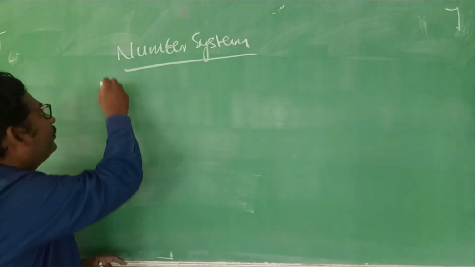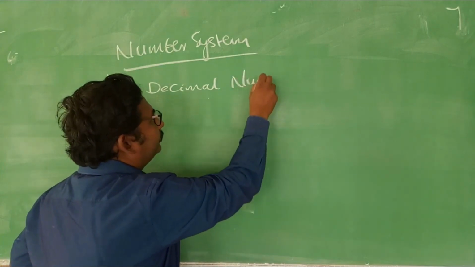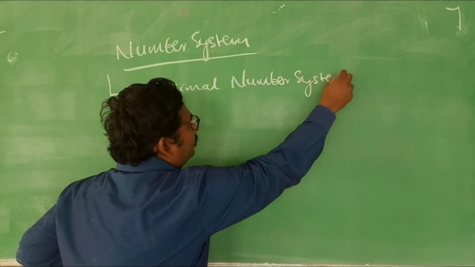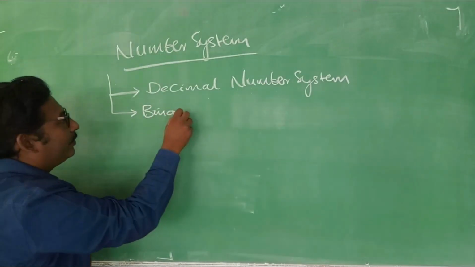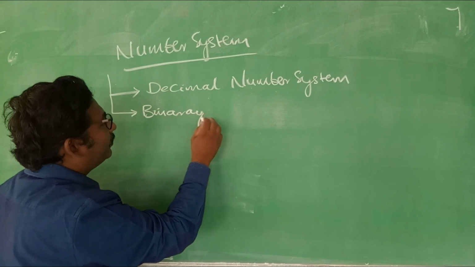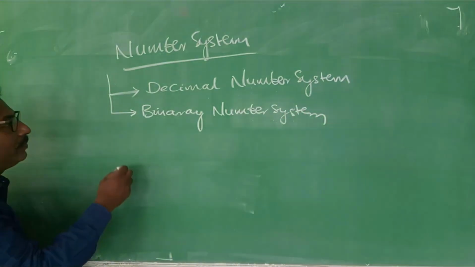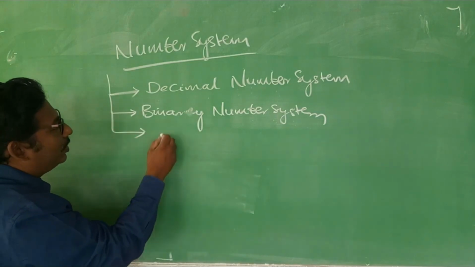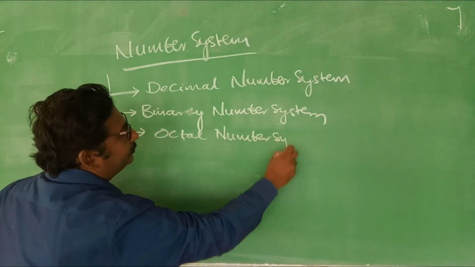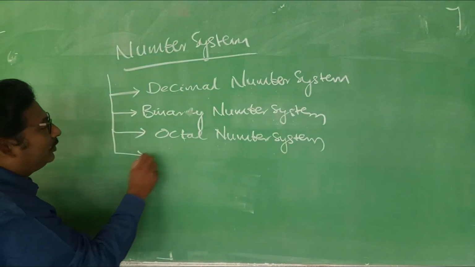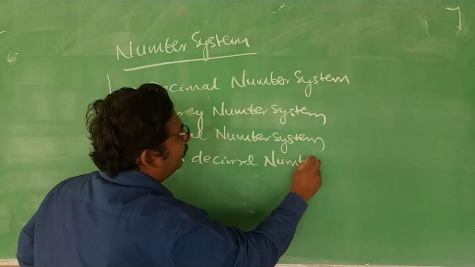The number system is of decimal number system, binary number system, octal number system, hexadecimal number system.